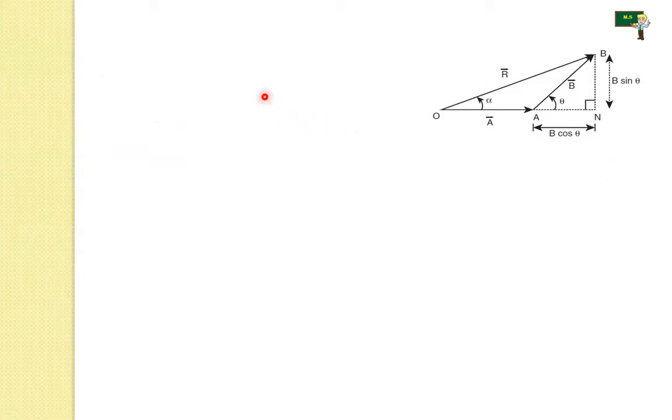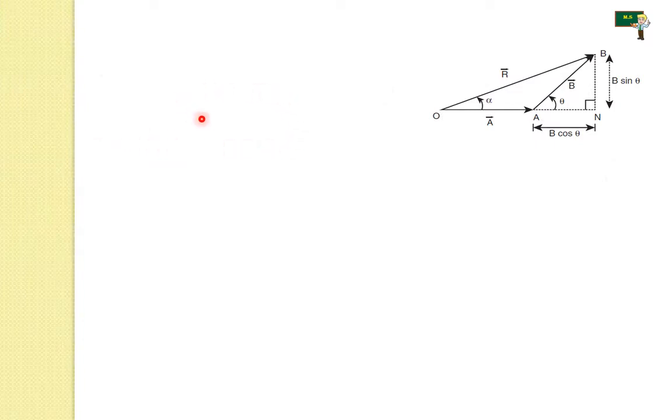As you know, cos square theta plus sin square theta is 1, and if you take a square root on the left hand side, you have to take a square root on the right hand side. Therefore R is equal to root of A square plus B square plus 2AB cos theta.